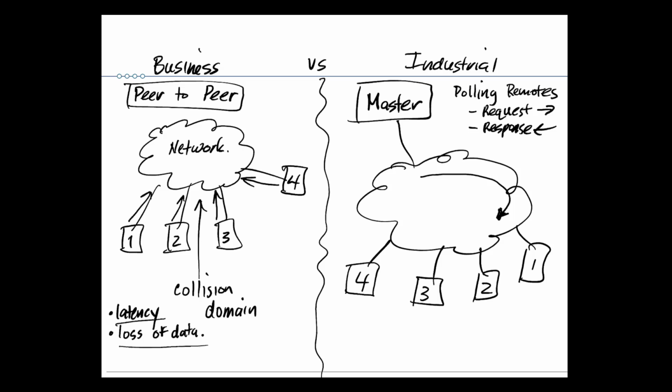In a business network, that's not really an issue that affects quality of life or causes loss of life, like some of these high-level processes that could be catastrophic in an industrial network but aren't considered catastrophic in a business network, when it comes to maybe not receiving an email, not being able to get a file right away, or having to request that file from a server again. So this is really what we're looking at addressing with industrial network protocols like Modbus.